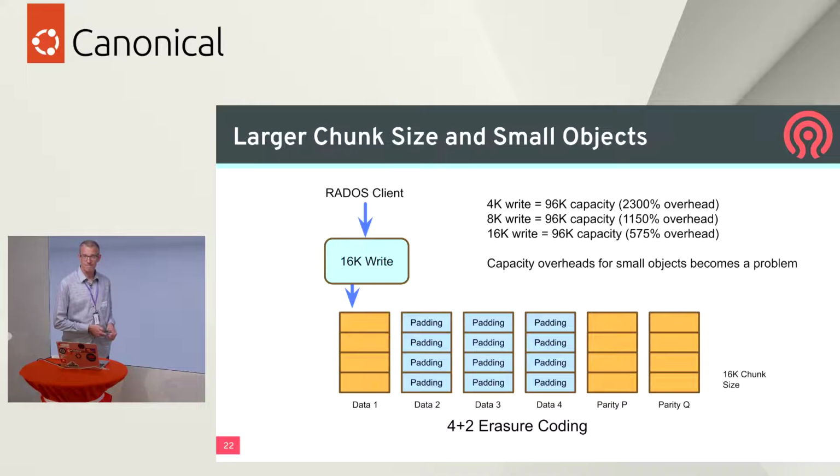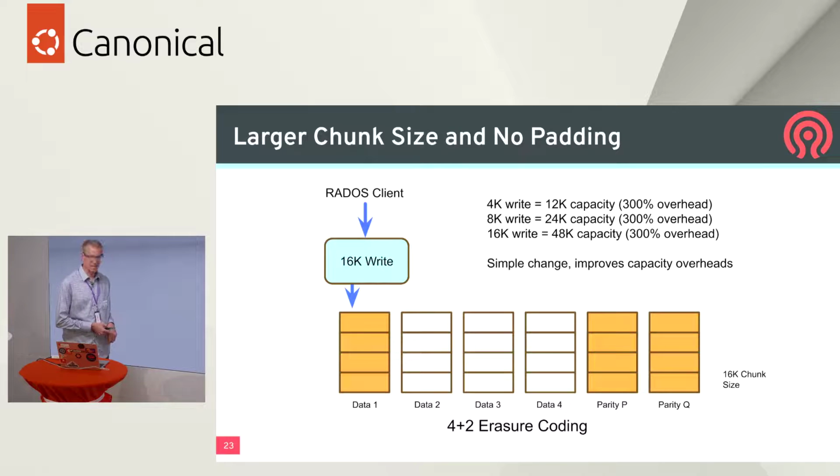So what can we do to fix this? Well, it's really quite simple. The answer is don't bother writing the padding. Essentially we can use the fact that the object doesn't exist to deduce that there's no data there, and that we can treat that area as zeros as far as calculating the coding parities.